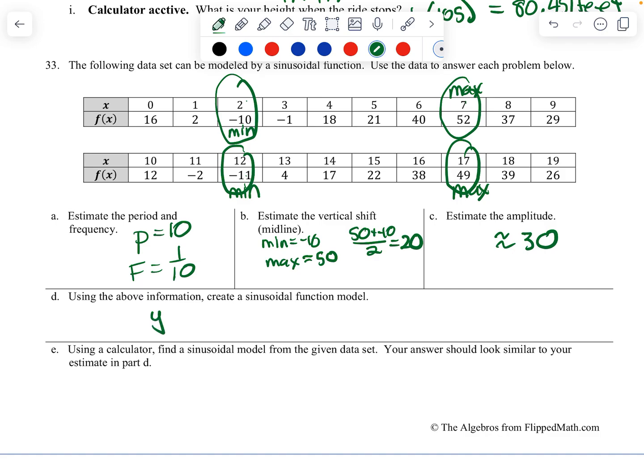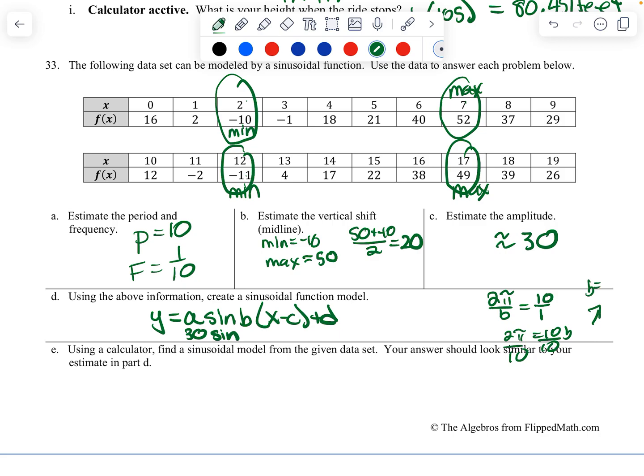So we said we're filling this in. So our amplitude, we said, was 30. The sine, our period, 2 pi over b equals 10. Put 10 over 1, so 2 pi equals 10b. So b equals pi over 5. And then we know our midline is at 20.